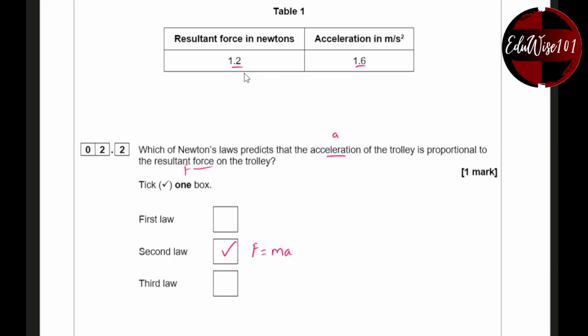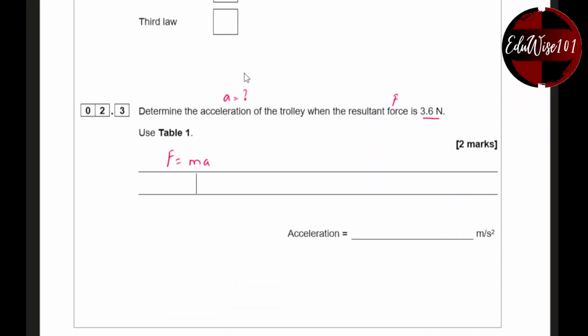Resultant force is 1.2 and acceleration is 1.6. So 1.2 equals m times 1.6. So the mass of the trolley is 1.2 divided by 1.6.